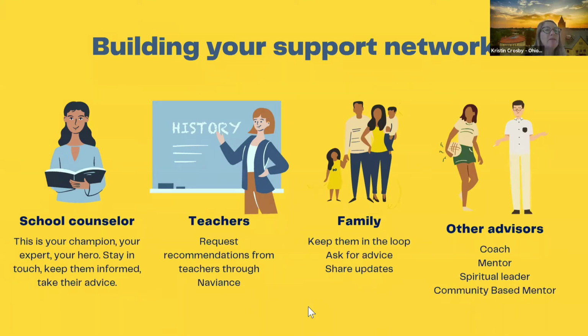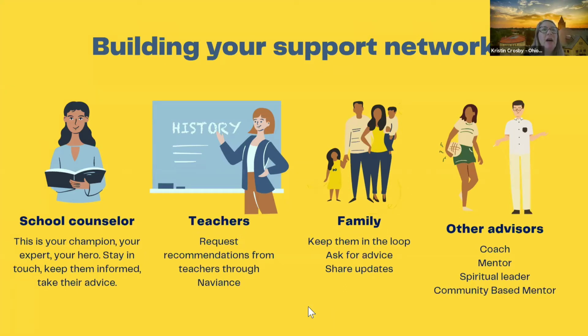Keep them informed of where you're applying, of where you're hearing from, if that's admissions, deferrals, wait lists. Take their advice. If your school does not have a counselor, or if maybe you're working with an independent consultant, then that's the person that you would turn to, the independent consultant. Next Genius, you can think of them as your counselors as well. But if your school doesn't have a counselor, then think of it maybe as a role that you have to take on.